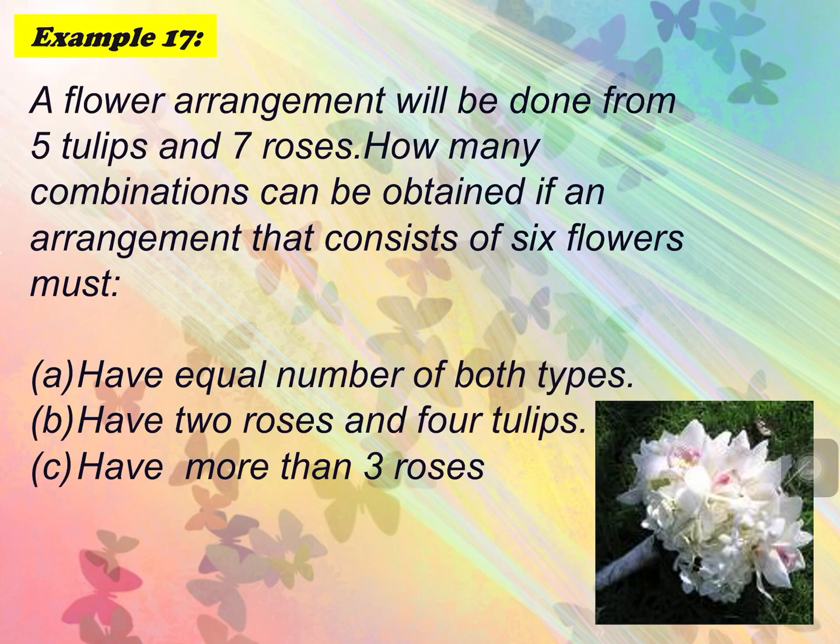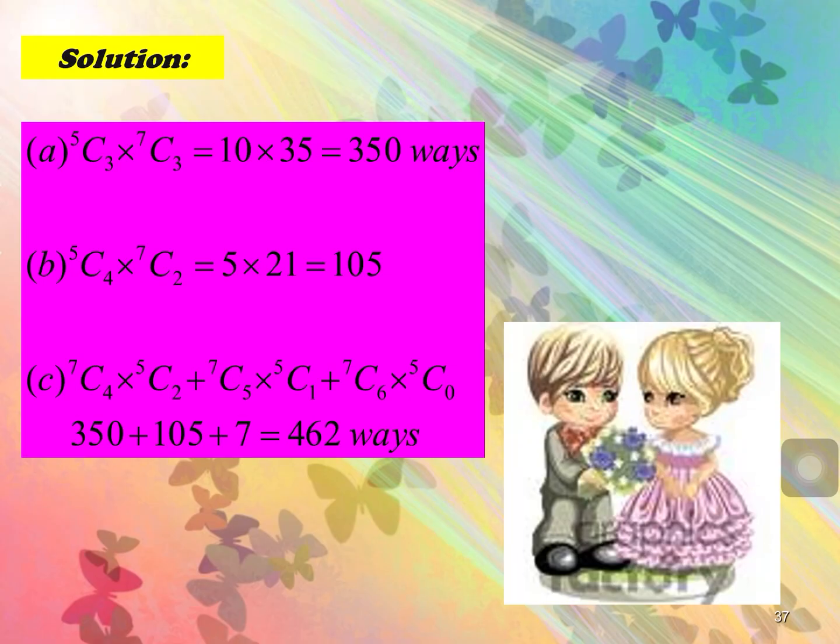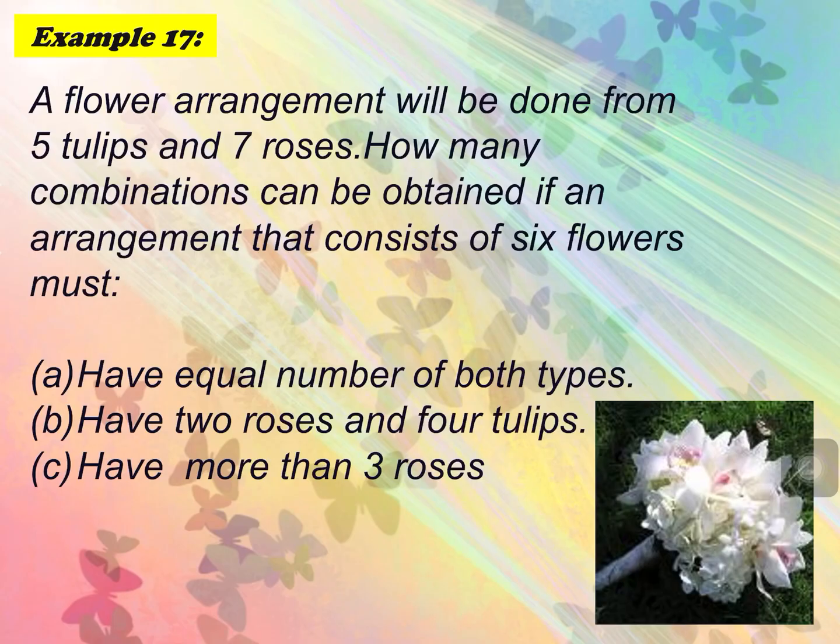Example 17. A flower arrangement will be done from 5 tulips and 7 roses. How many combinations can we obtain if an arrangement that consists of 6 flowers must have an equal number of both types? So in this case, we want an equal number of both types, from 5 tulips and 7 roses.